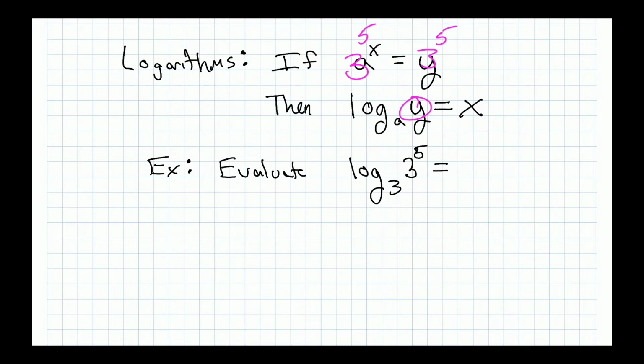So if you had 3 to the 5th equals 3 to the 5th, and then according to the line above, the x, which is the exponent, is what the answer is, then log base 3 of 3 to the 5th is 5. I don't know if that's the most useful way to understand it, but that's what you should understand about them.